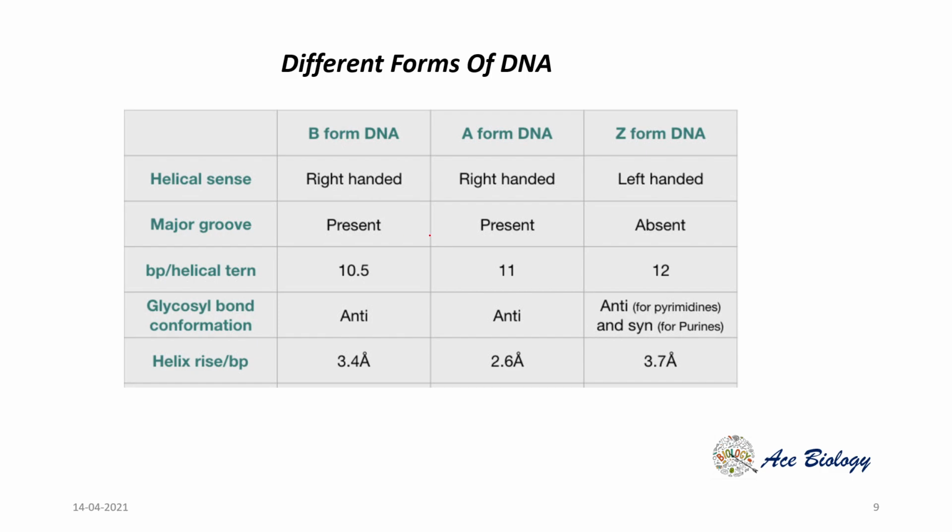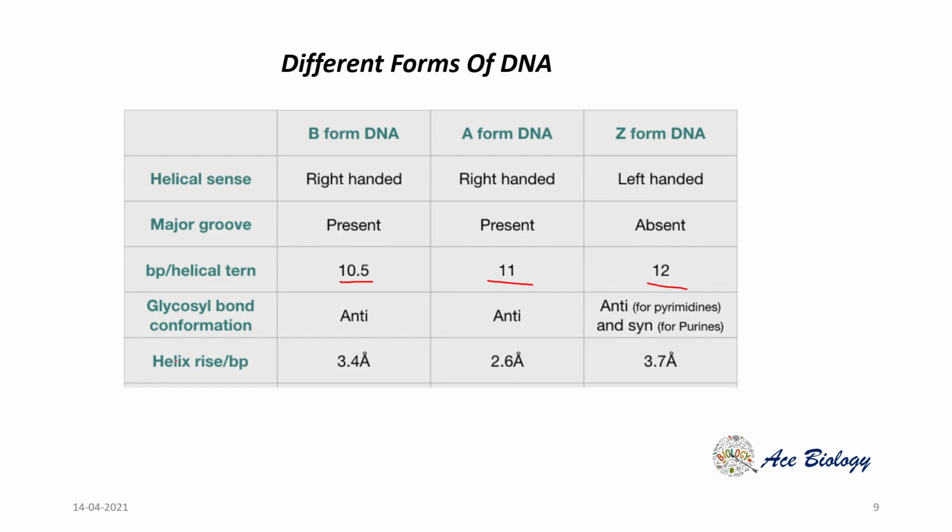Major grooves are present in both B DNA and A DNA. It will be absent in Z DNA. Also, the bases that are present in a helical turn will be 10.5 in case of B DNA. In case of A DNA, it is 11, and in case of Z DNA, it's 12.